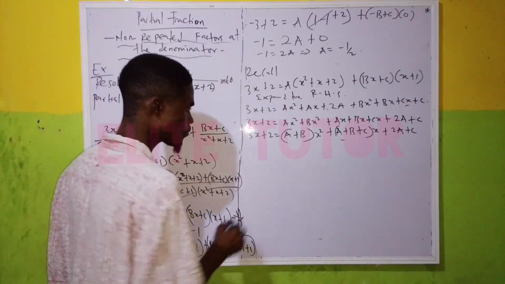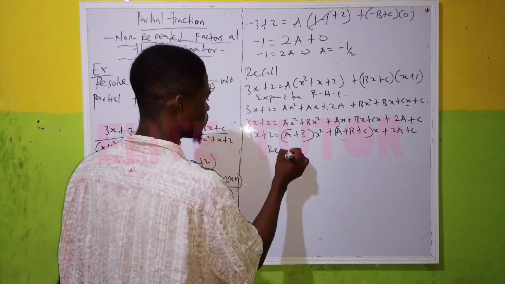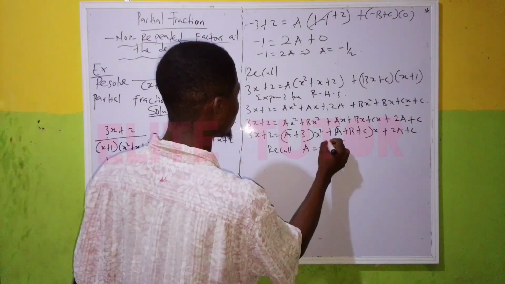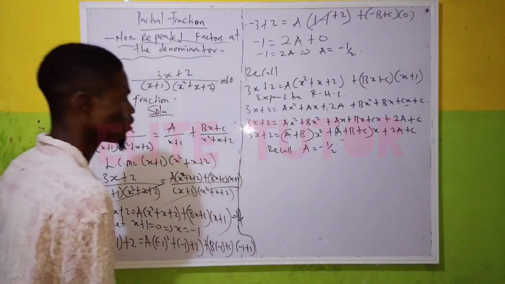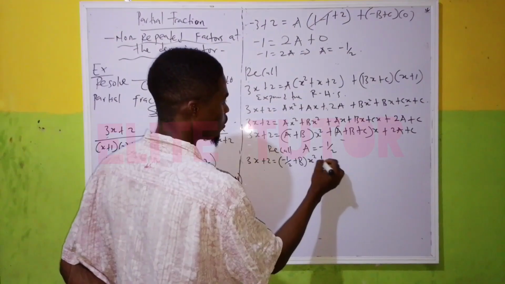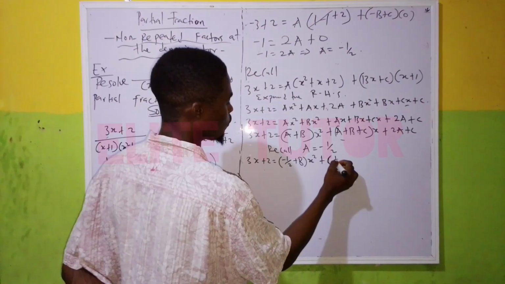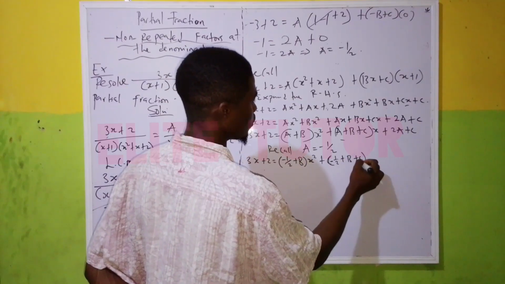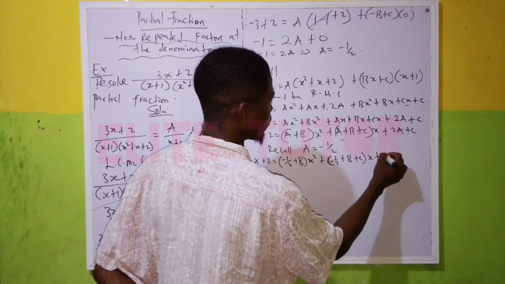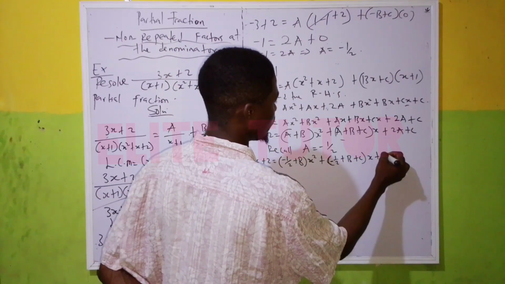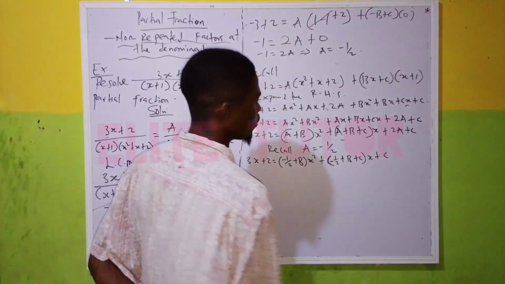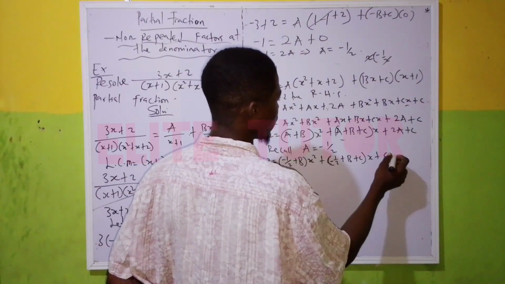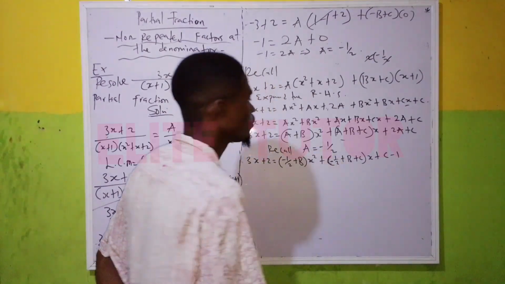So now recall that a is equal to what? It was minus 1 over 2. Okay, minus half, then plus half minus half plus b plus c x plus, this one is c. You know that 2 into minus half cancels, this gives minus 1, so c minus 1.